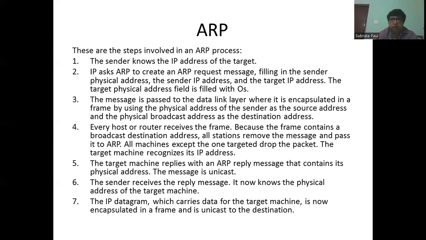Therefore, we need to know both the logical and the physical address at the same time of the destination machine or the receiver's machine. Now, how does ARP perform? We'll see to it.